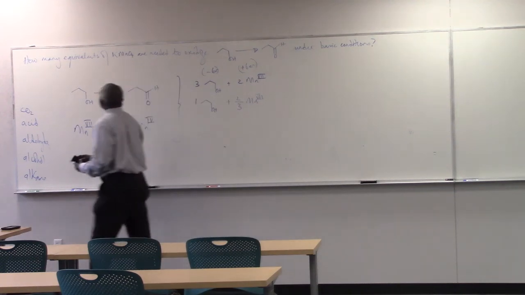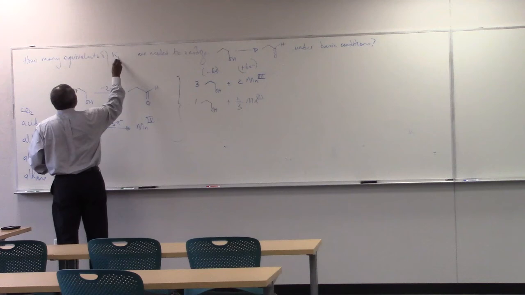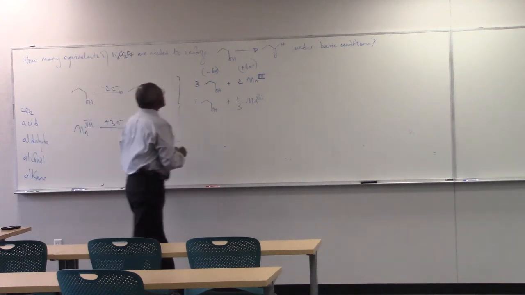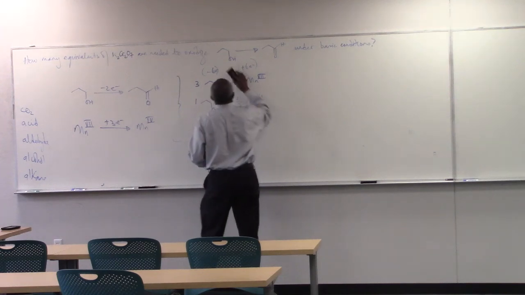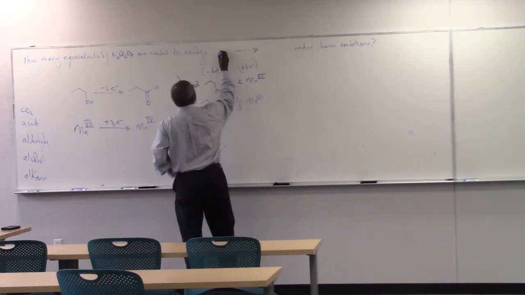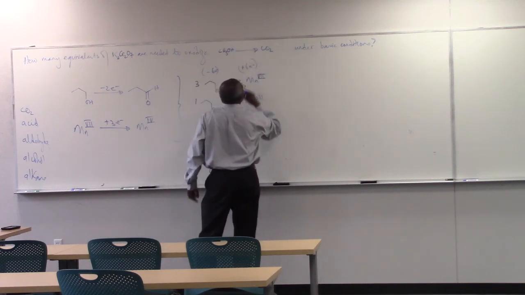Let's do another one. How many equivalents of potassium dichromate are needed to oxidize, let's say, methanol to carbon dioxide?